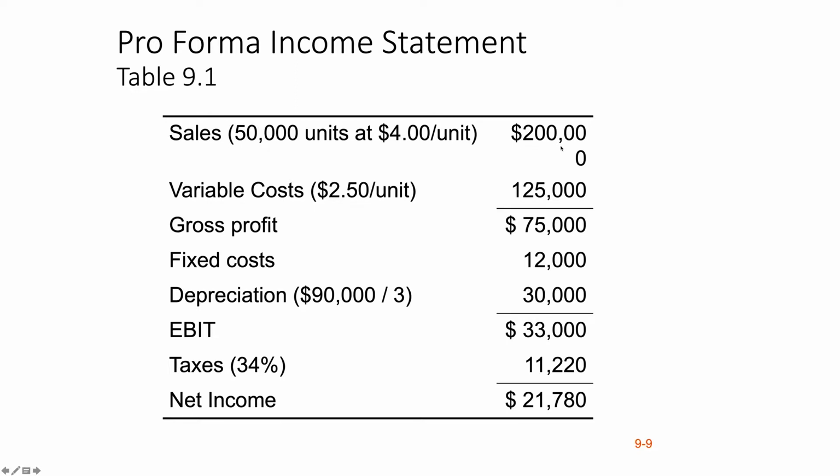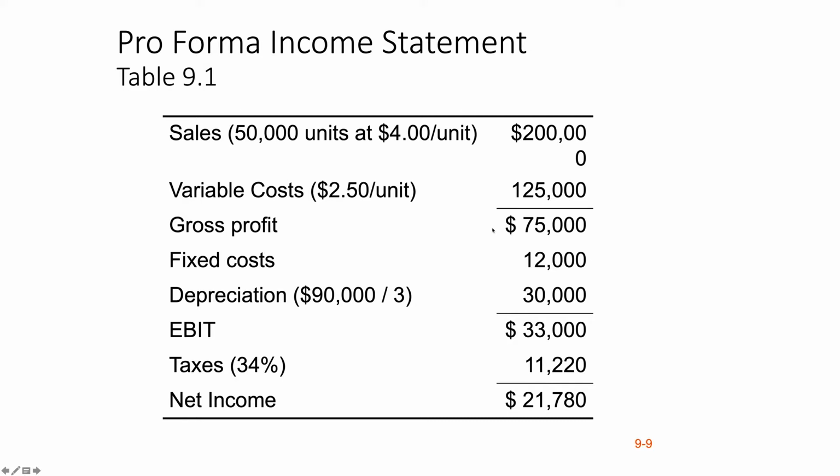Now the cost of goods, the cost of those cans, those are variable costs, is 2.5 times 50,000 units. You get 125,000. Therefore, your gross profit, 200 minus 125, is $75,000.